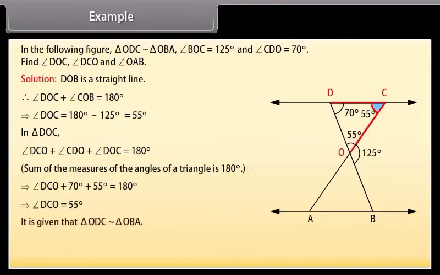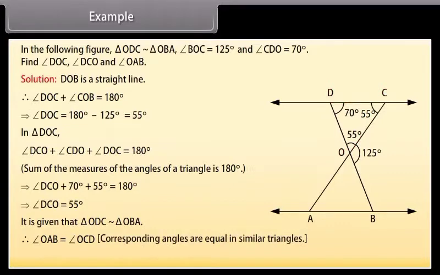It is given that triangle ODC is similar to triangle OBA. Therefore, angle OAB equals angle OCD, as corresponding angles are equal in similar triangles, which implies angle OAB equals 55 degree.